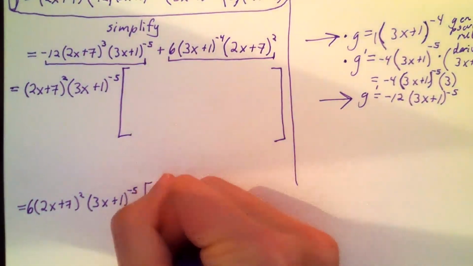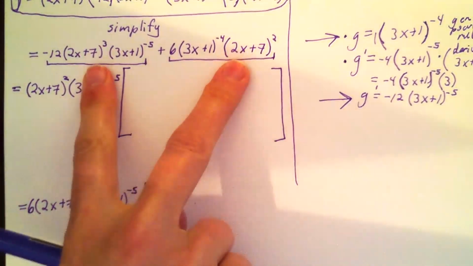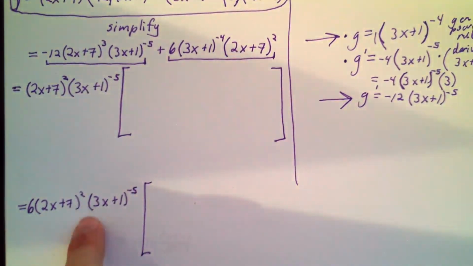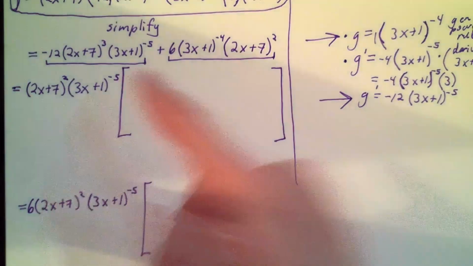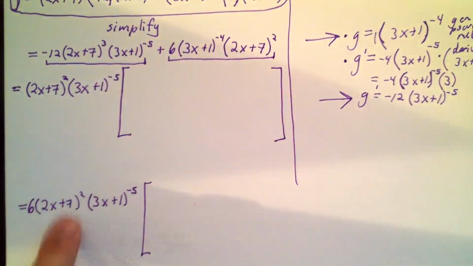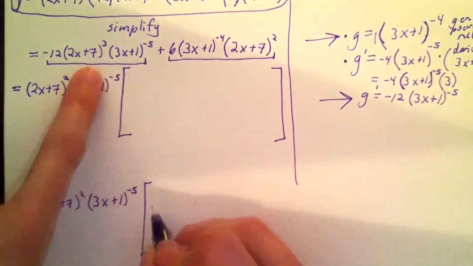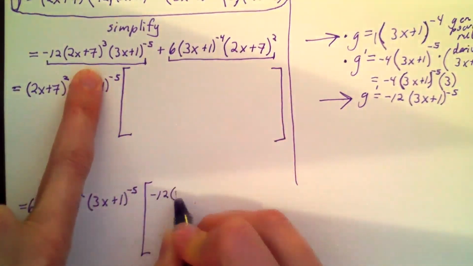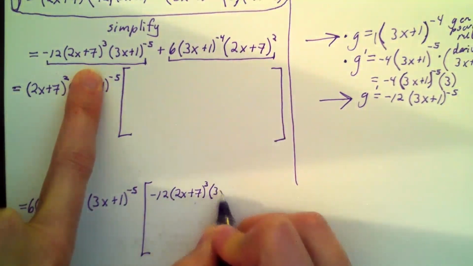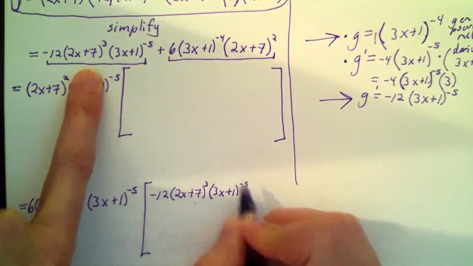And in my big brackets here are these two terms, the original terms, that are going to get divided by that thing. So it's going to look a little bit like a mess in here. First term gets divided by that. So let's write our first term here. Minus 12, 2x plus 7 cubed, 3x plus 1 to the negative 5. That's my first term.